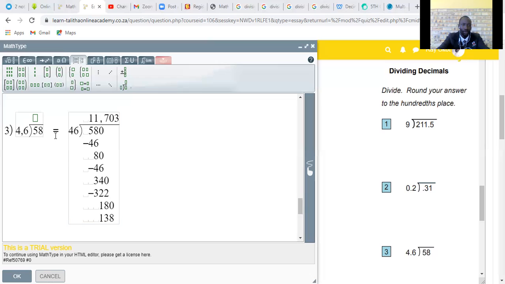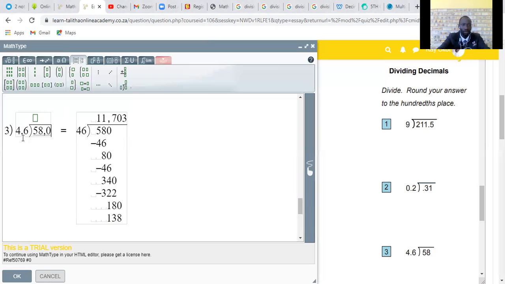Now let's check. If we move one step here, we will be having 46, and we move one step here, we'll be having 580, because 58 is the same as 58.0. So if we move one step to the right, we also do the same here.